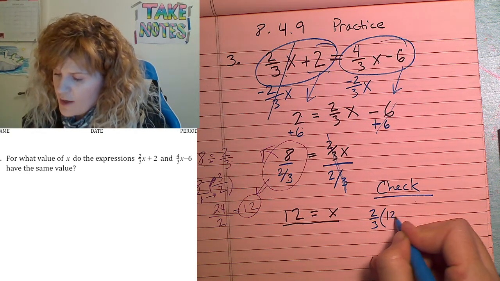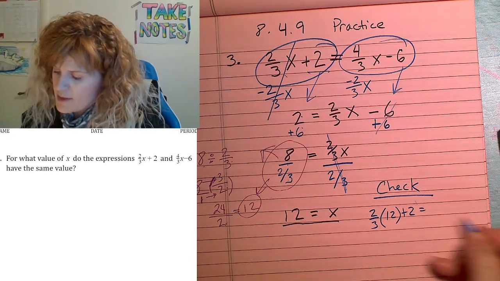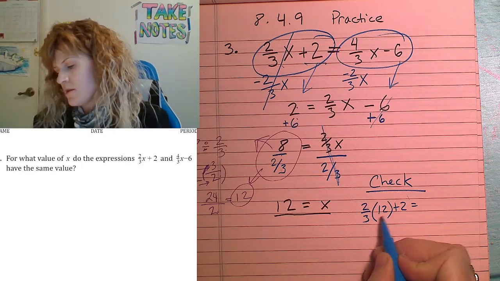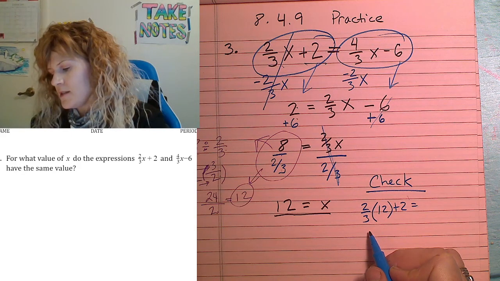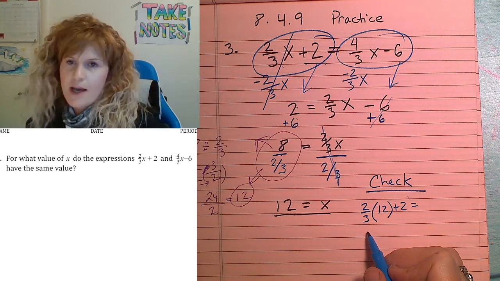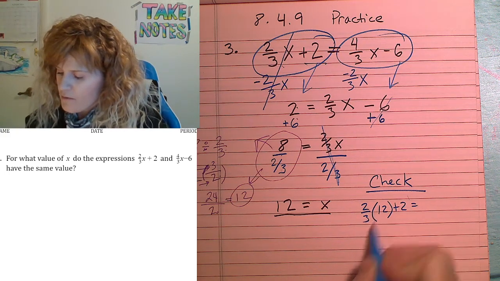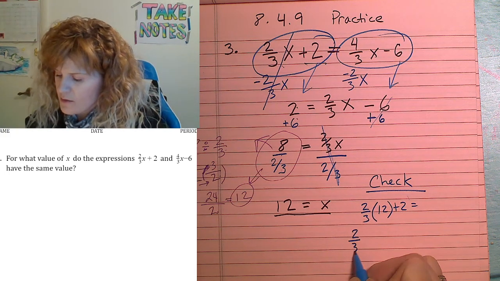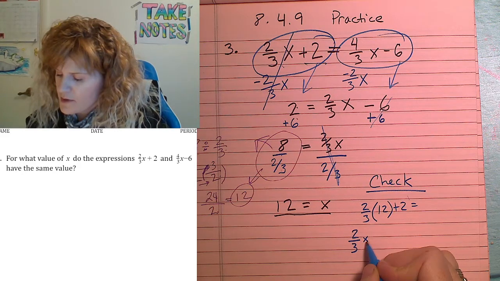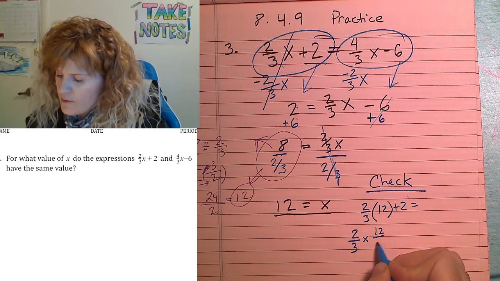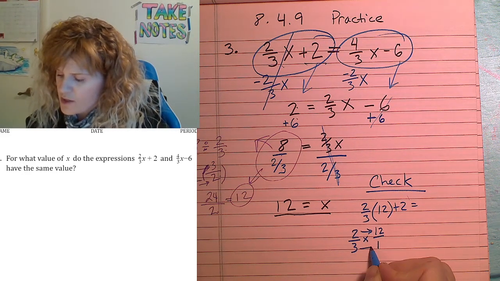2/3 x is 12 plus 2. What does that equal? 2/3 of 12 is 18. I can just do that in my head. Okay, I'll do it for you. That's the same as 2/3 times 12 over 1. Multiply fractions straight across.